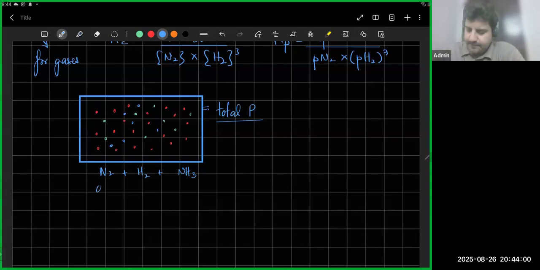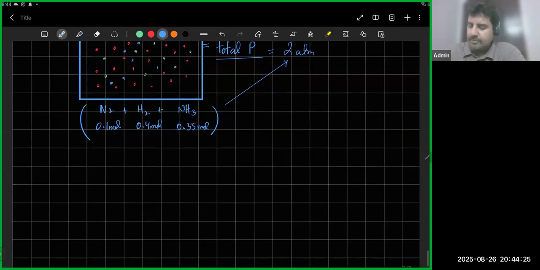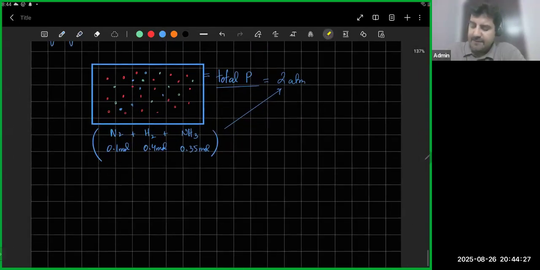So if you have 0.1 moles of N2, 0.4 moles of H2 and 0.35 moles of NH3, and let's say the total pressure is 2 atmospheres, that is the combined pressure exerted by all the gases. To calculate Kp, you have to find the equilibrium pressure exerted by every single gas. Pressure of gas particles is proportional to the amount of gas.